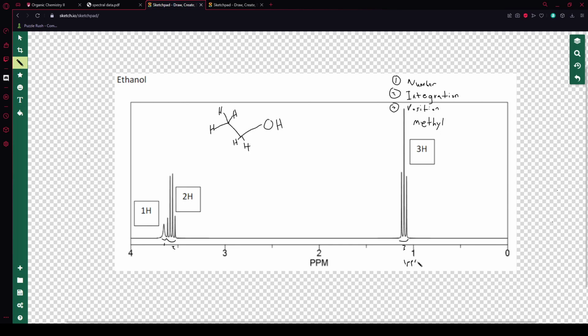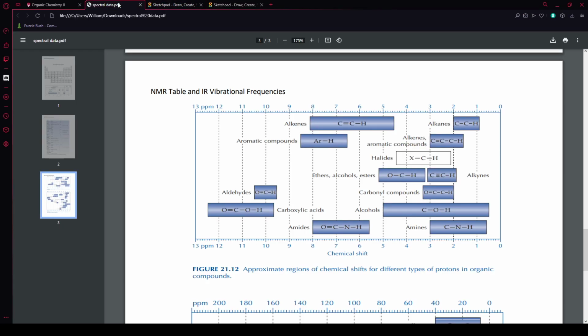And I would write that down if I were doing a problem where I was trying to figure out what this was. And then my second and third group, we'll just put them together, are both at about 3.5 ppm. So now that I know roughly where they are in the graph, I'm going to have to pull up some literature values and figure out what it could be.